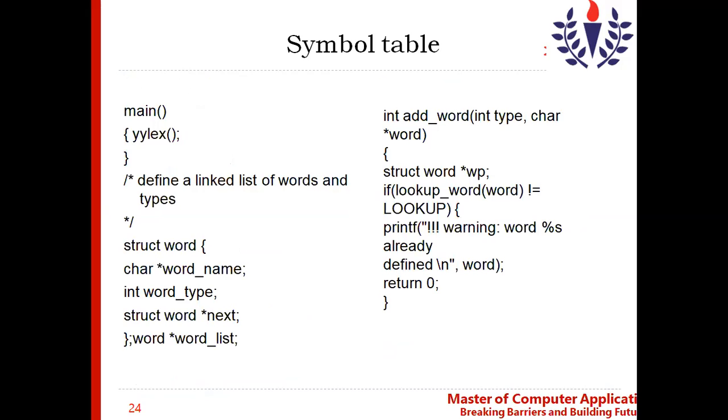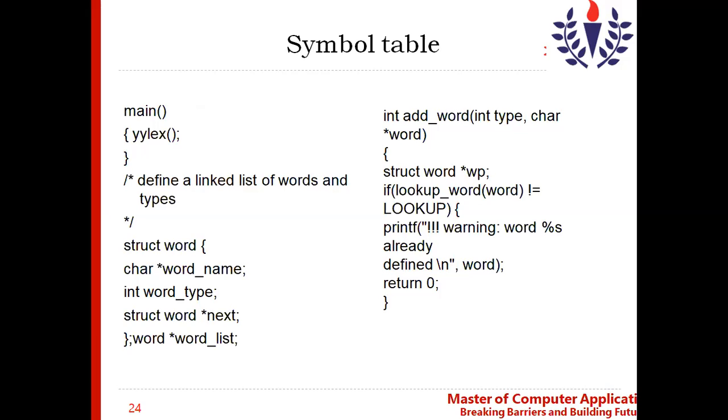Then we have the structure for the linked list, struct word. We have the name of the word, that is word name, and the type, which is an integer. From the beginning, we make the word type an integer because in the enumerated data type, we assign values to the variables as integers.